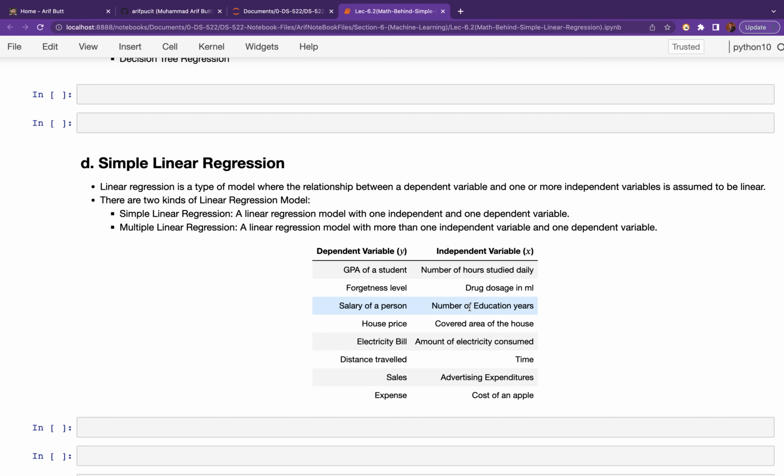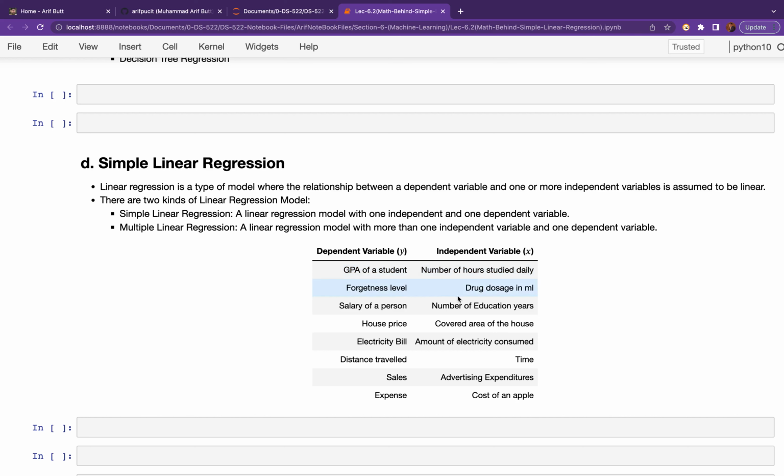There are two types of linear regression models: simple linear regression and multiple linear regression. And as the name implies, if there exists only one independent variable based on which you want to predict the value of the dependent variable, then it is a simple linear regression.